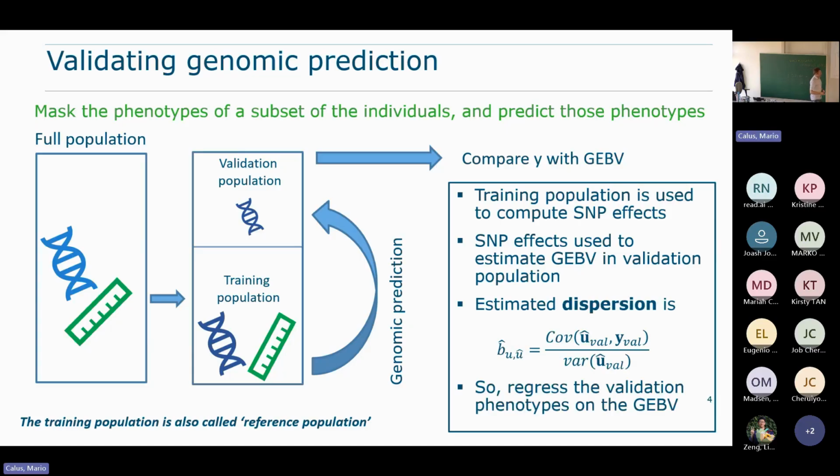If we're interested in the dispersion or the scale of the breeding values, we would not regress breeding values because we don't have them, but we regress phenotypes on the estimated breeding values, and then the coefficient of that regression should also have a value of 1 if the breeding values are unbiased in terms of their dispersion.